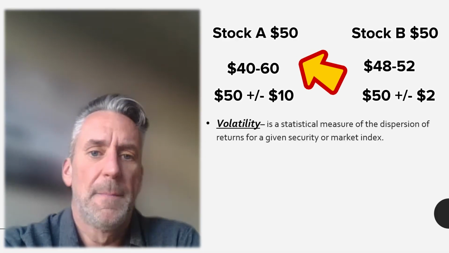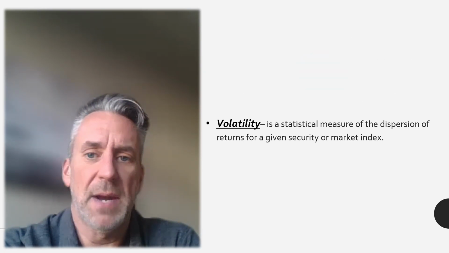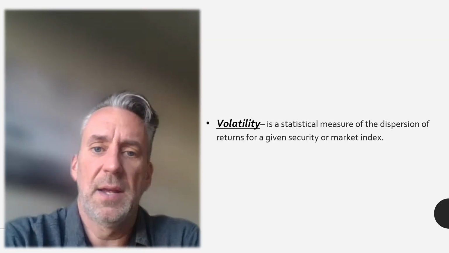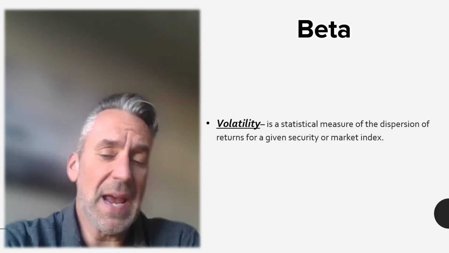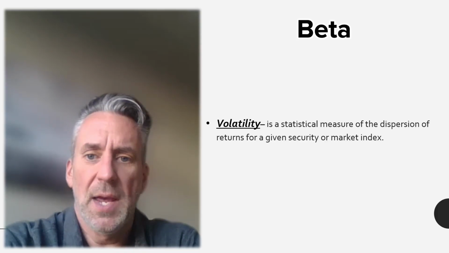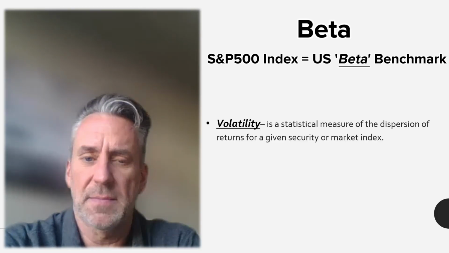The stock market uses lots of different Greek symbols to measure many different metrics, and volatility is no different, and it is commonly referred to as the Greek term beta. So this beta, or volatility number, is usually compared to a benchmark. And for the US market, that's commonly set by the S&P 500 index as being a beta of 1.